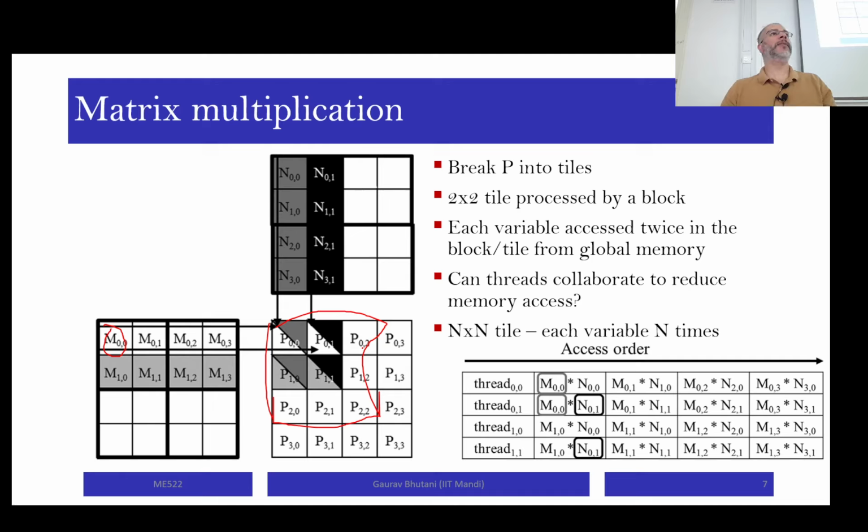So, if I could move my information from the global to the shared memory, in this case the reduction would be 3 times, which is much better. If I have a 4 by 4 tile, it is 4 times. If I have an n by n tile, each variable is used n times. So, if I move the information to shared memory, it is basically 1/nth of the global accesses that you will need. So, things will become n times better.